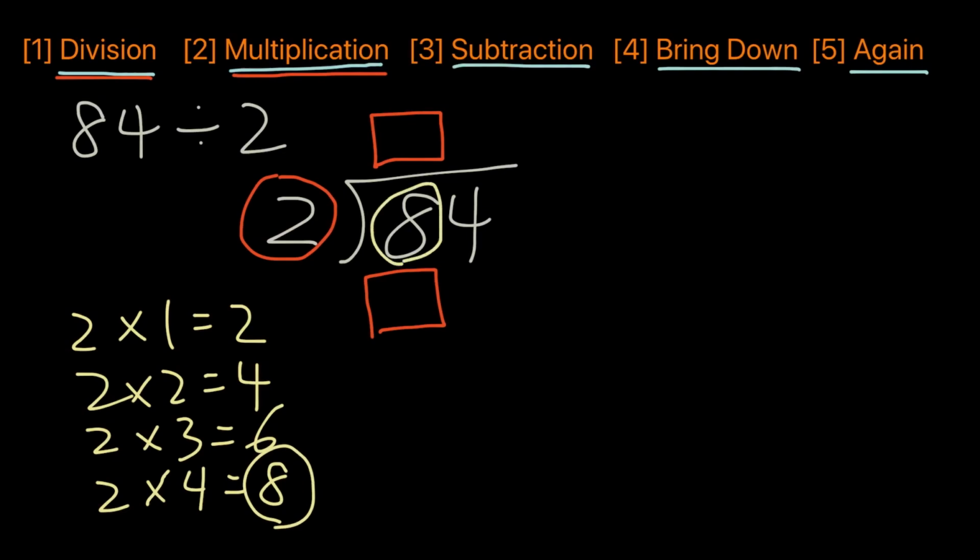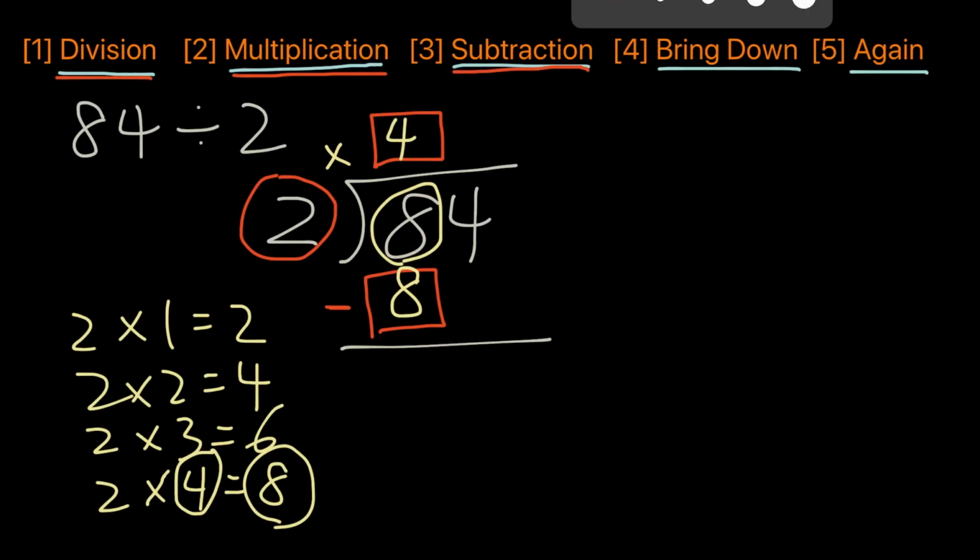So we could put in the number 4, so basically 2 times 4 equals 8. And this comes to the next step, which is subtraction. In this case, we need to subtract 8 by 8, and that gives us 0.